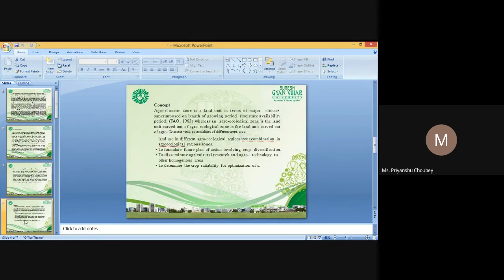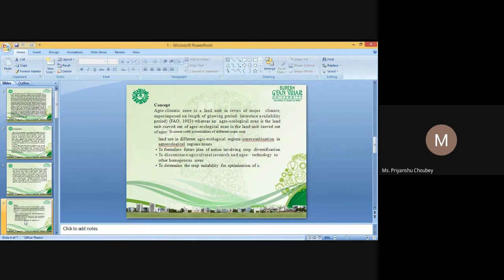The concept of an agro-climatic zone is a land unit in terms of a major climate superimposed on the length of the growing period and moisture availability period, to assess the yield potentiality of different crops.